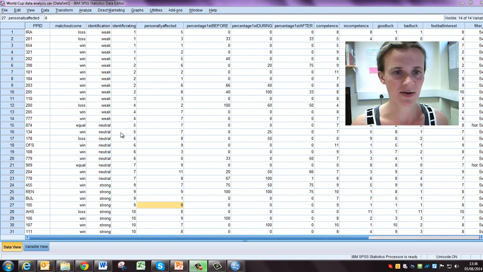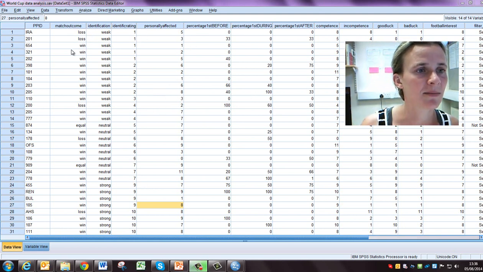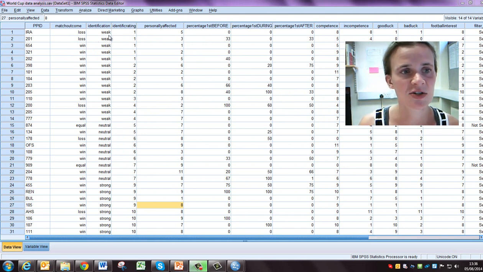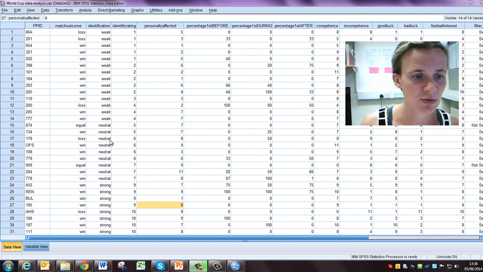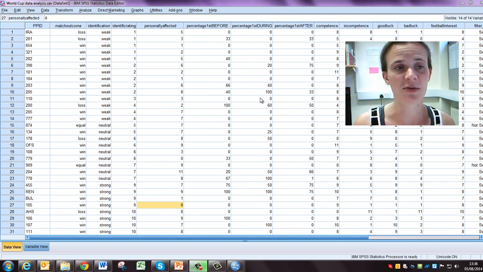So this is our data file, and here you can see match outcome, identification, so weak, neutral or strong, and the actual rating that they gave as well. And here are all the dependent variables.